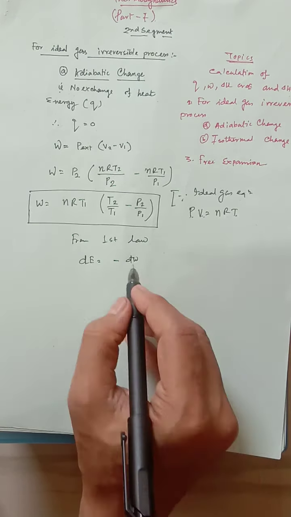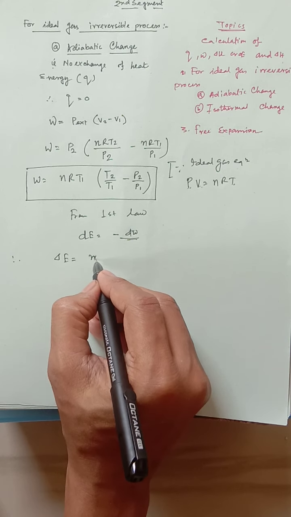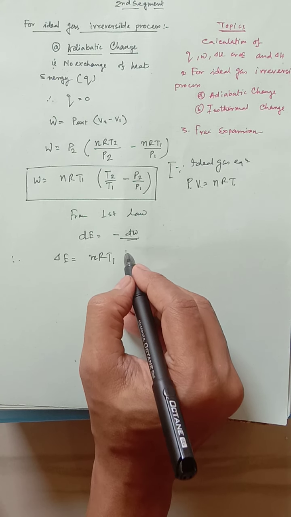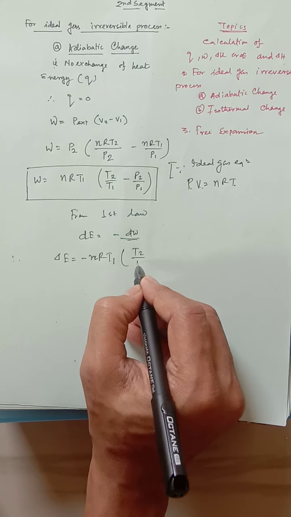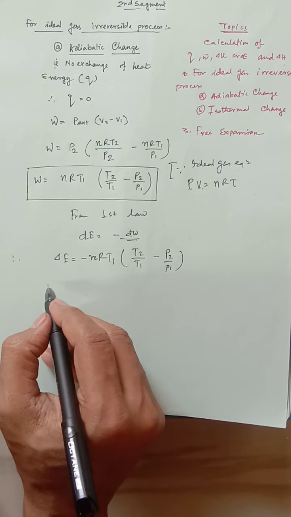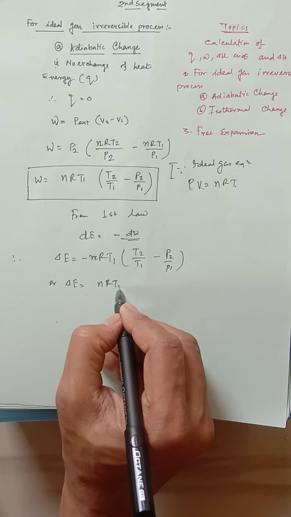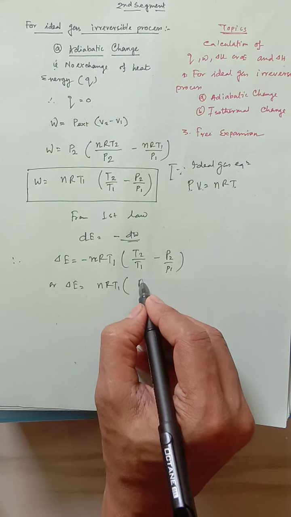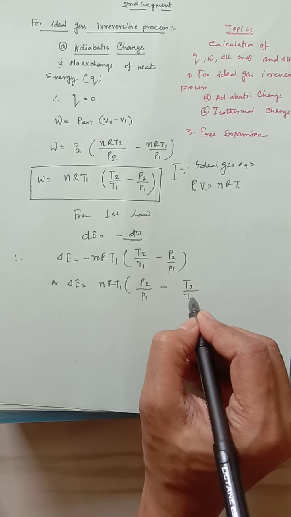So from here we can write delta E equal to minus nRT1 times (T2 by T1 minus P2 by P1). Or if we insert the minus sign inside, delta E equal to nRT1 times (P2 by P1 minus T2 by T1).